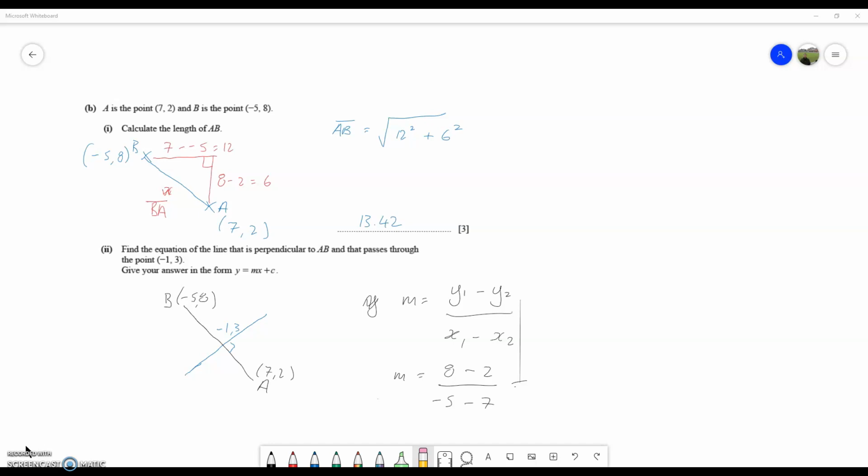So we can then work out what the gradient is, which is equal to 6 take away 2, which gives us 6, over -5 minus 7, which is -12, giving us a final answer of -1/2.